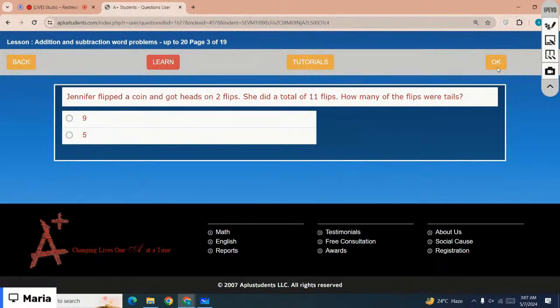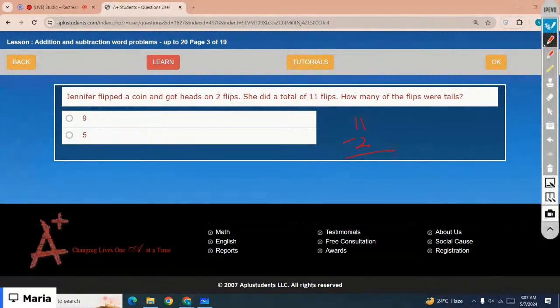Two of them are heads. So, how many of them are tails? You have to take away 2 from 11. 11 take away 2 is 9. So, 9 of them were tails. The correct option is 9.